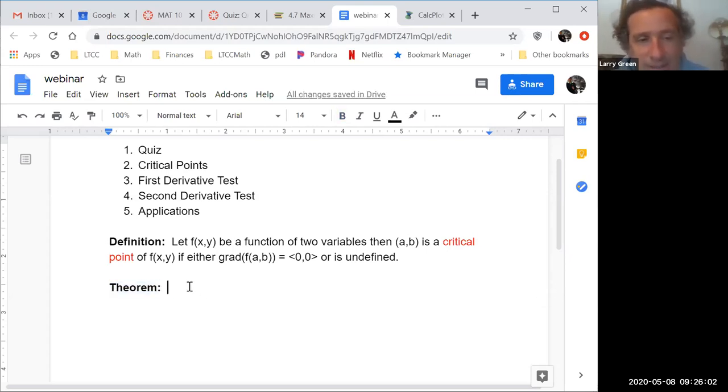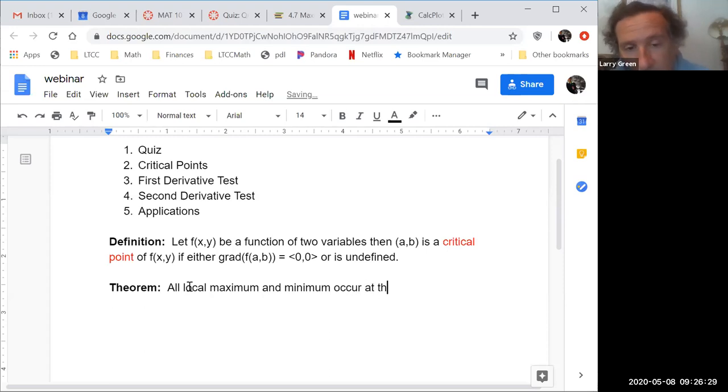And the theorem is: all local maximum and minimum occur at critical points. So this is actually word for word the same as what you get first quarter, but the reference is different because now we're talking about functions of 2 variables.